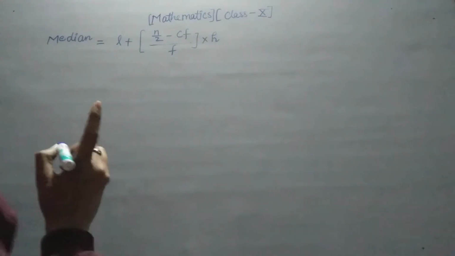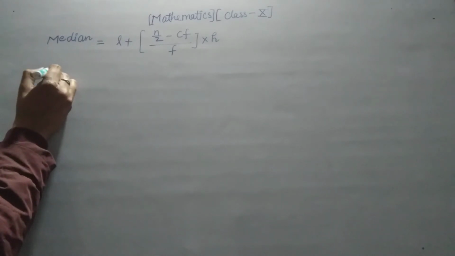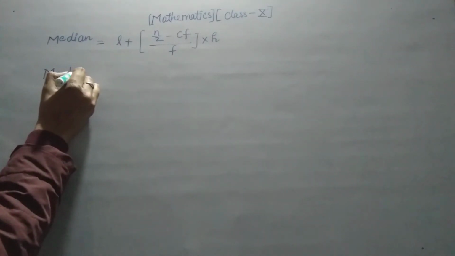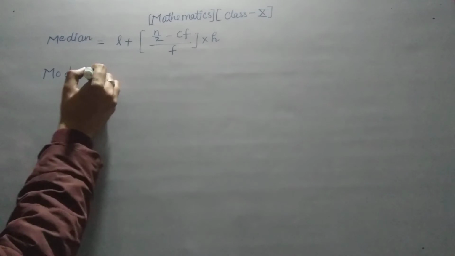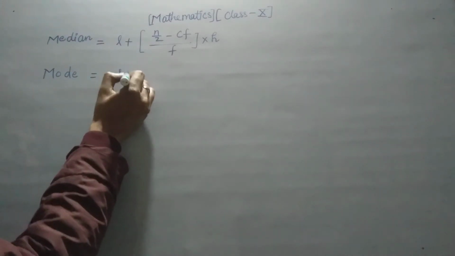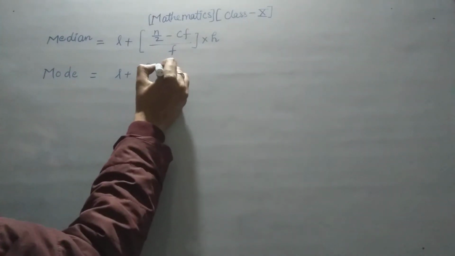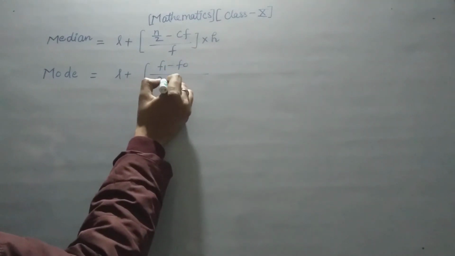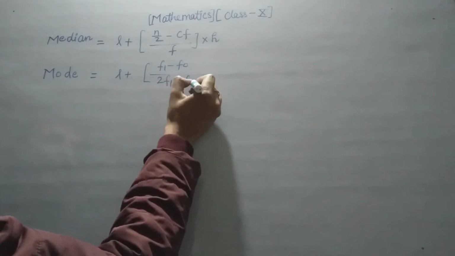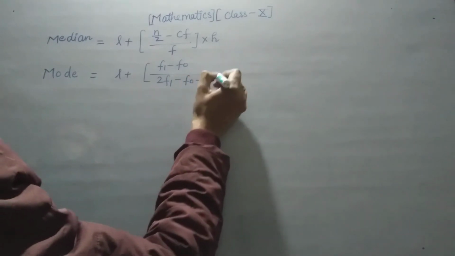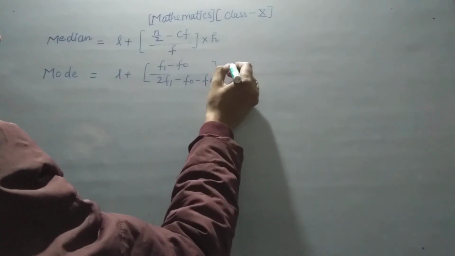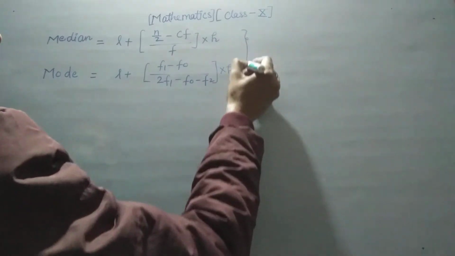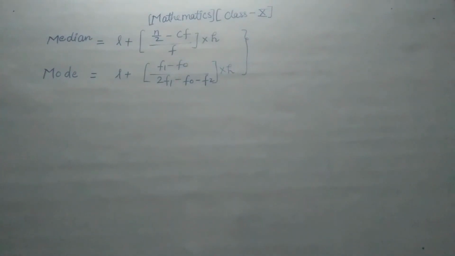And if you have to find the mode, then you use the formula of mode: Mode is equal to L plus (F1 minus F0) upon (2 F1 minus F0 minus F2) into h. So these are two formulas for finding the value of median and mode.